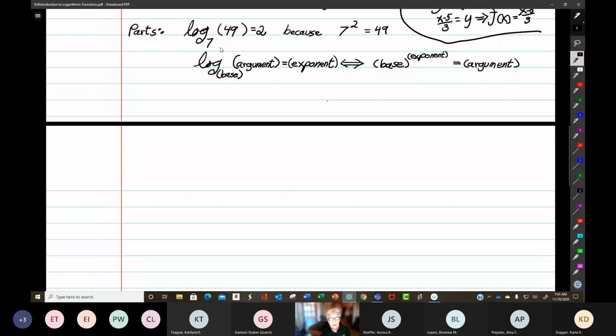I mean, this is really true, that log base 7 of 49 equals 2. How do I know? Because, watch this. The base 7 raised to the 2 power equals 49.